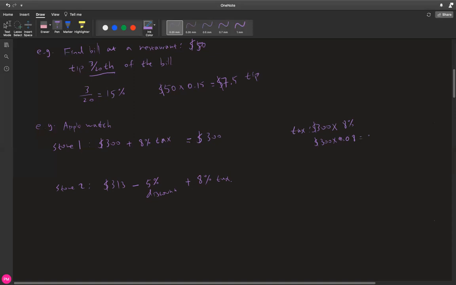And that is actually $24. So when you're buying this $300 Apple Watch, you're actually paying $24 additionally as tax. So here you're adding $24, hence the total price that you pay is $324.